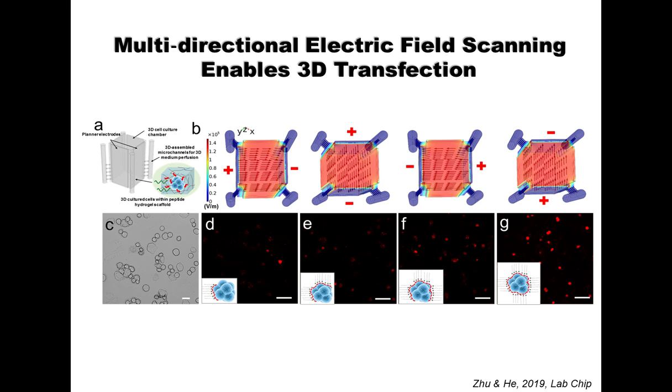And as we compare at the bottom panel figures, if we only use a one-dimensional scanning of the electric field, very few of the 3D cells can be transfected. But if we introduce the electric field through all dimensions, in the top, bottom, left, right, or keep rotating between the scanning, it can generate much more efficient transfection to introduce the plasmid into the 3D cells.